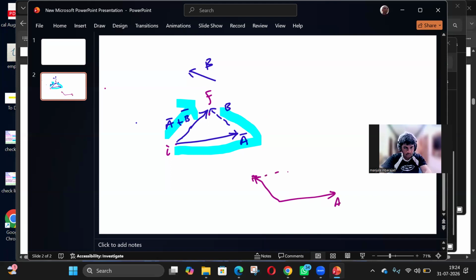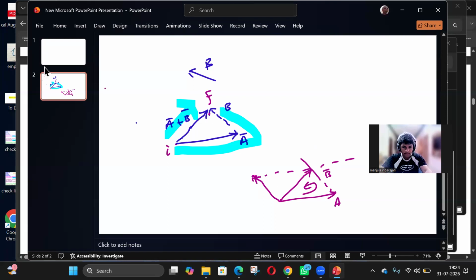Draw a line parallel to A, draw a line parallel to B. The diagonal between A and B is the sum, A plus B. This is equivalent to the triangle law because this is a parallel side, so this is also a B vector. If I use this triangle, I'll get this diagonal as the sum A plus B. If you use the parallelogram, I'll get this diagonal as the sum A plus B.